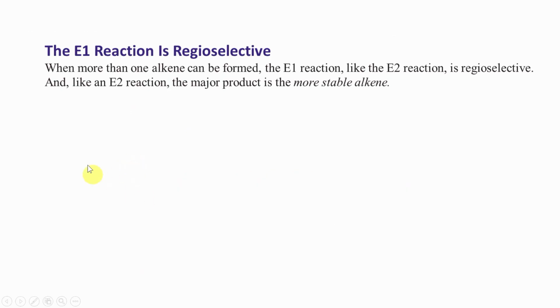Okay, see, similar to the E2 reaction, the E1 reaction is also regioselective. That is, when more than one alkene can be formed, the major product obtained will be the more stable alkene. That means the E1 reaction is regioselective in nature.